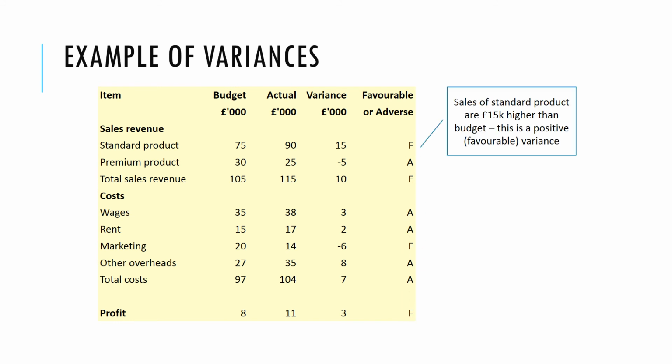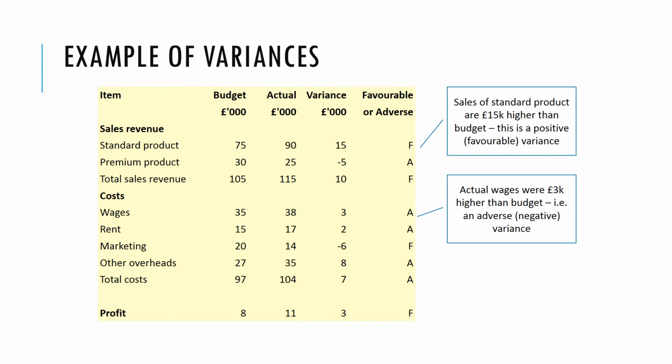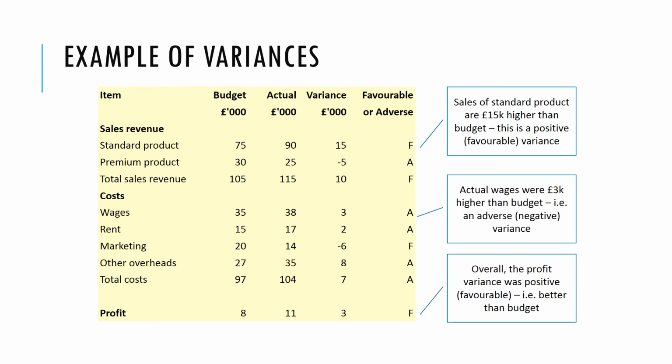So for example, the standard product sales are £15,000 higher than budget. So this is a positive or favourable variance. The actual wages were higher than budget as well, £3,000, but this is an adverse variance because this is not good news. The business has spent more than they planned. The last thing is the profit variance overall was positive, £3,000, so this would be favourable. It was better than planned.